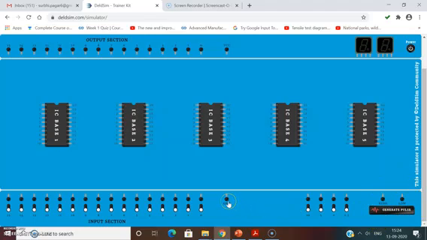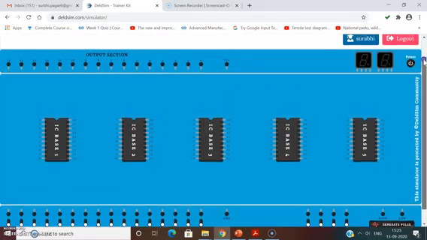This is the button for ground connection. This is for the VCC connection. And if you want to increase or decrease the voltage value, you can select it from these particular buttons. Now if you want to display the output in the form of LEDs, you can use this output section, but in some practicals we need to display the output in the form of a 7-segment display.